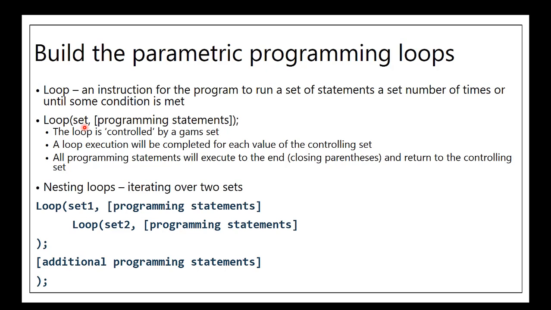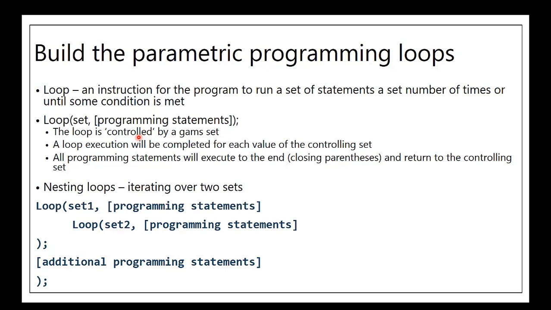And then you give it a set, and that set is going to be the controller for the loop. It's going to tell it to, for every element of this set, execute a set of programming statements. Come back, check, is there a new set element that you haven't used yet? Do that one, go through, do it again until you run out of set elements, and then you can exit the loop and move past the semicolon.